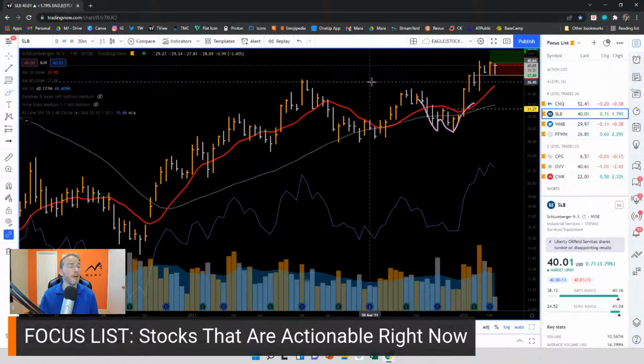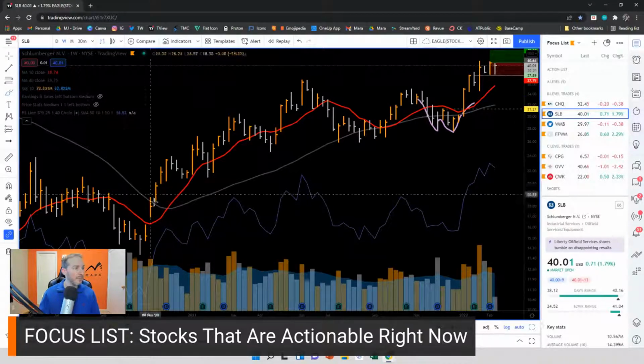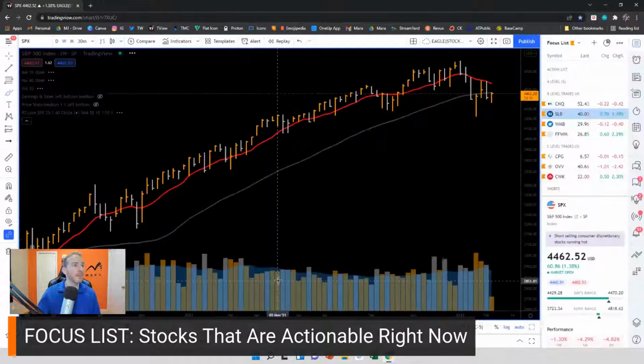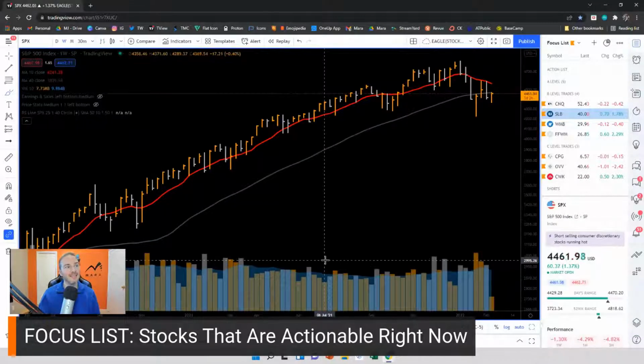And if you're in a market that looks like this, I'll just bring up the S&P. You want the best of the best. And even with the best of the best, you want to be trading small because not everything is going to work. So if your best of the best is going to struggle, imagine your marginal trades.